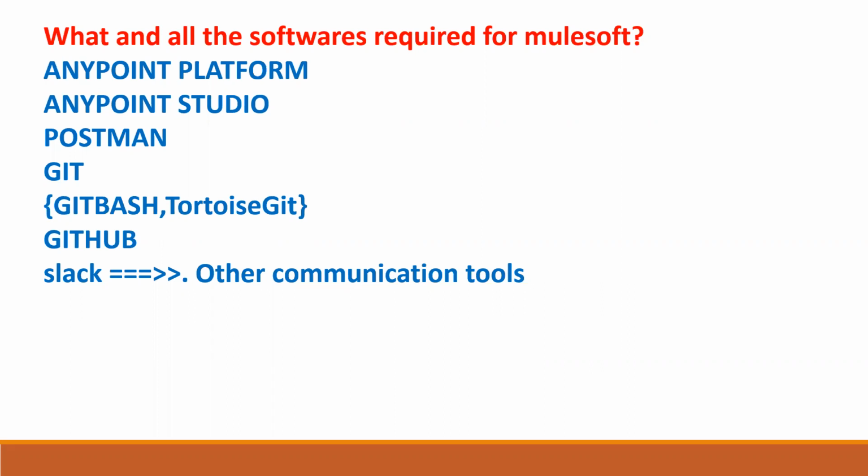Okay, so if we have all these softwares, fair enough. We can construct or integrate any kind of API very easily, I can say. Now my question is, some people are working on .NET or something, right? So what kind of softwares are you going to download? Swati, right?